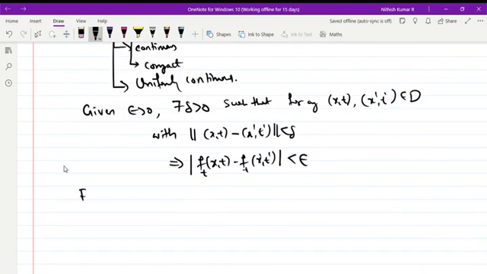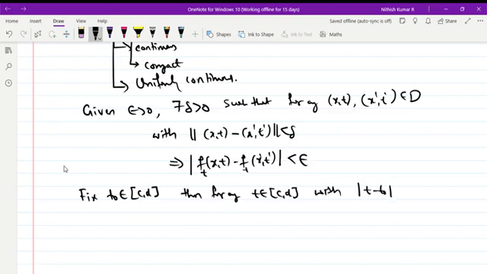Now fix t naught belonging to the closed interval c comma d. Then t belongs to the closed interval c comma d with modulus of t minus t naught less than delta.